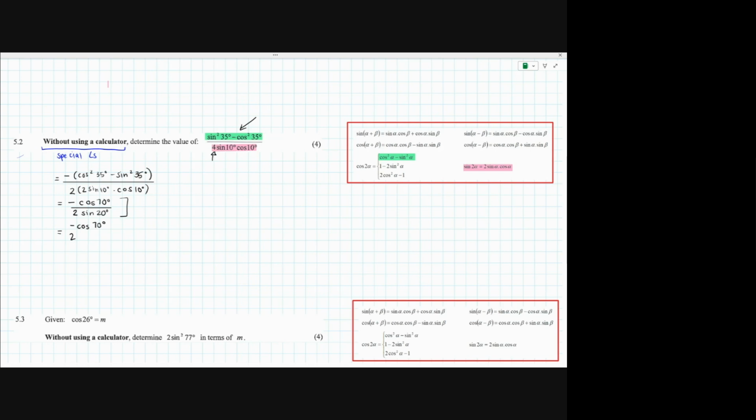Now, when you change the sine 20, you just need to be very careful. We need to rewrite this so that whatever expression I put in my angle does still give me an angle of 20. So this would be 90 minus 70, because 90 minus 70 does give me the sine 20. But now this allows me to apply the co-ratio.